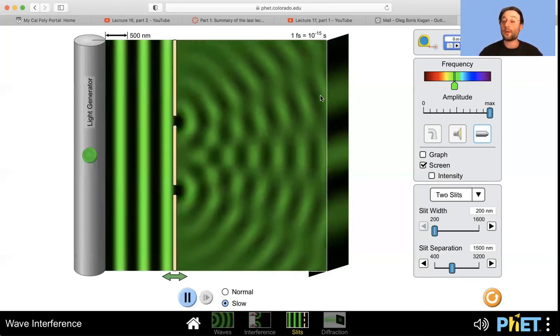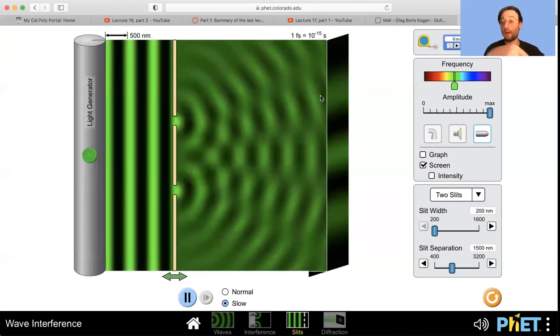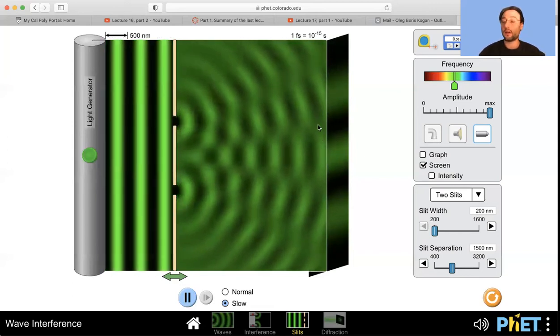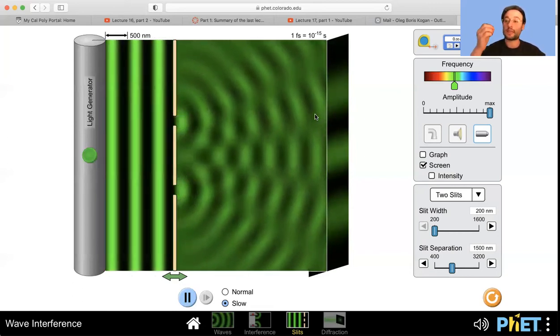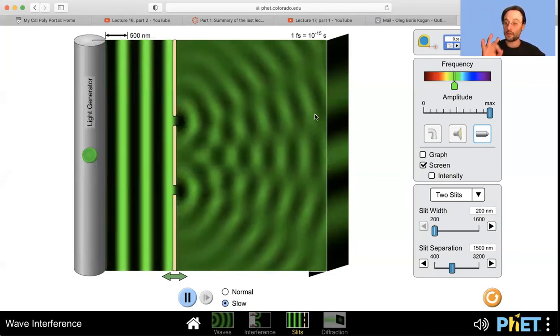So now I'm going to share another simulation where we review why there are bright and dark zones. How exactly do we understand them, and where exactly do they happen? How do we predict them? Again, it's just a review.